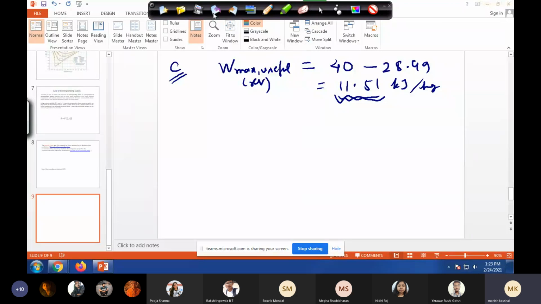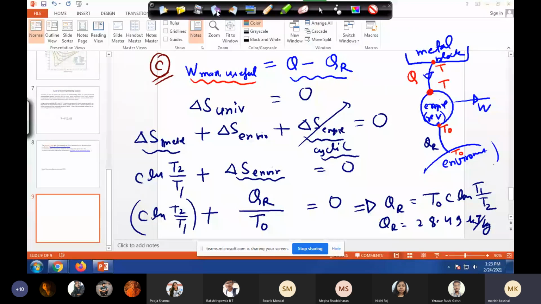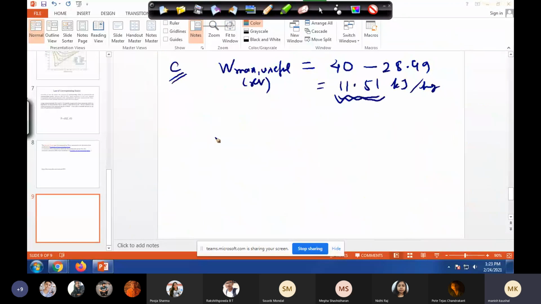For all reversible engines working between two same temperatures, efficiency will be the same. Yeah, of course.